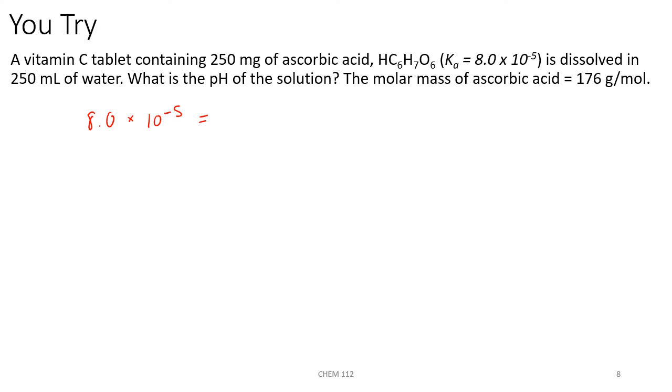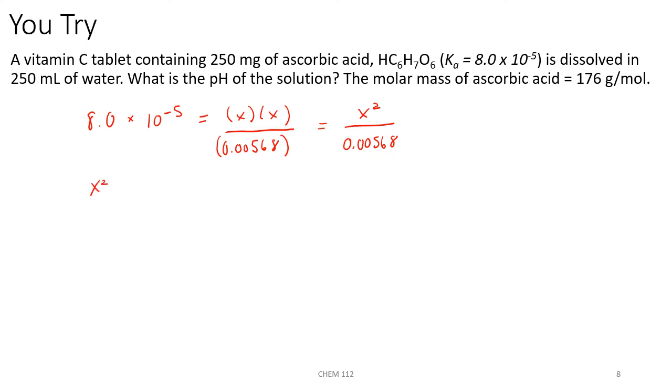That's going to be equal to x times x on the top over 0.00568 on the bottom, and we're ignoring that minus x. So we're going to have essentially x squared over 0.00568 for our initial concentration.